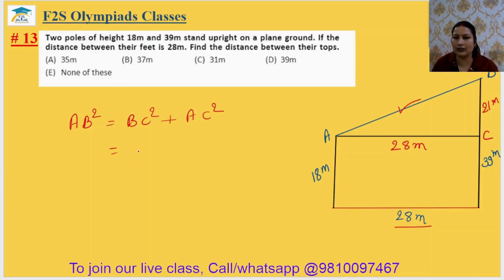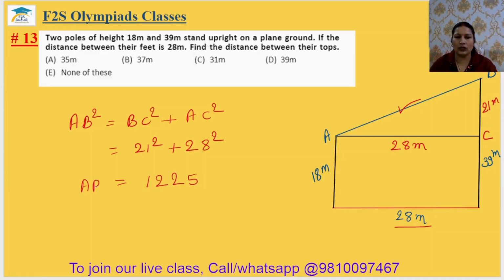So BC is 21 square plus 28 square. 21 square is 441, and after adding 28 square, you will get 1225.